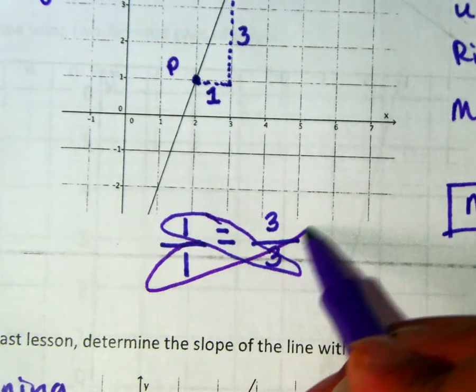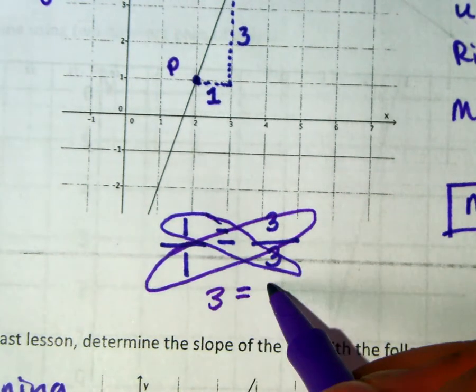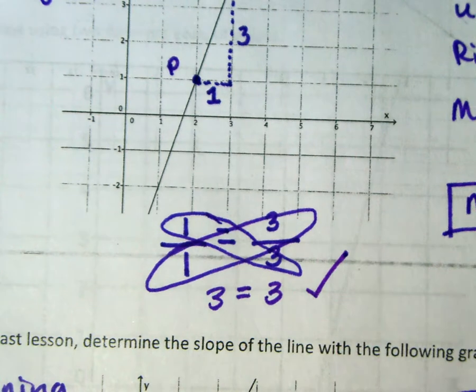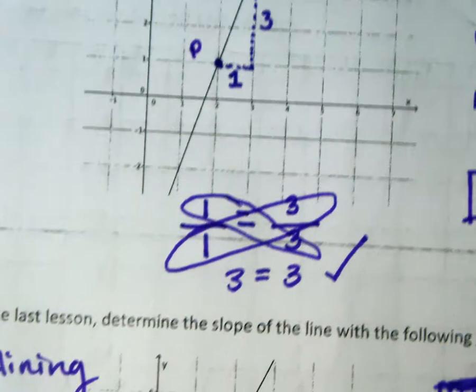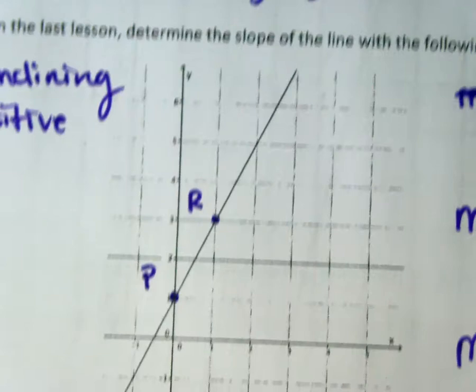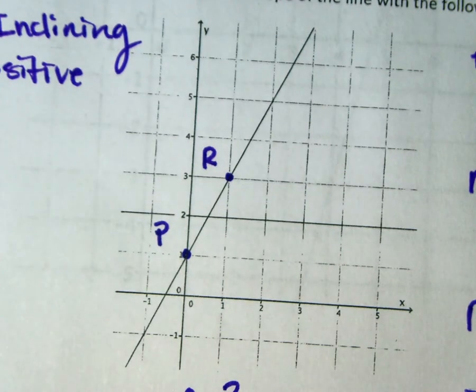When I cross multiply, 3 does in fact equal 3. I know that these are similar triangles. Take a look at example 2 and create slope triangles on your paper to find point Q. When you found the next point on the line, please type it into the box.